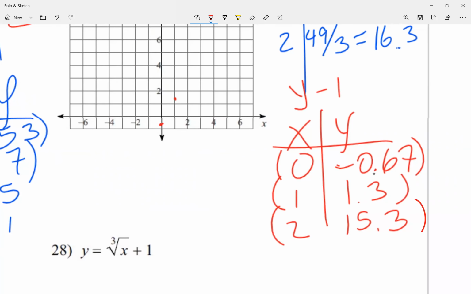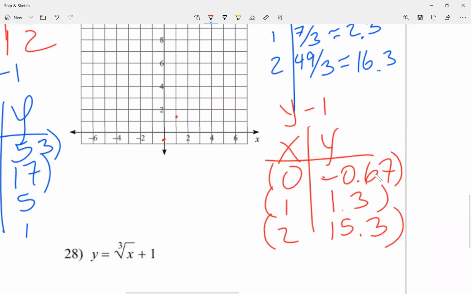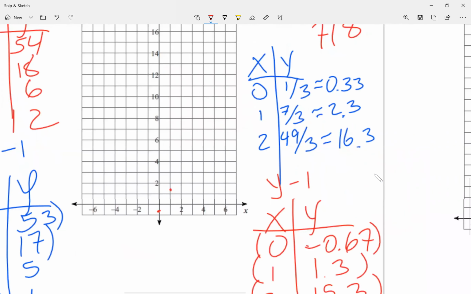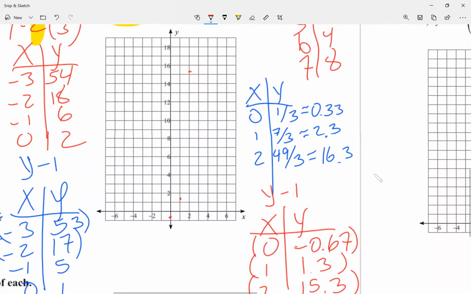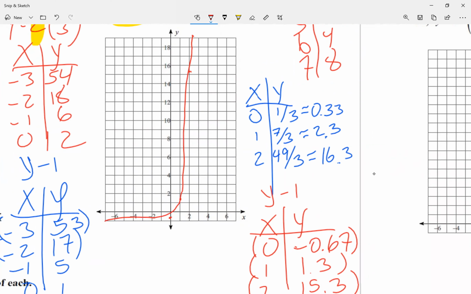When x equals 2, y equals 15.3. Let me connect my points. Looks something like that.